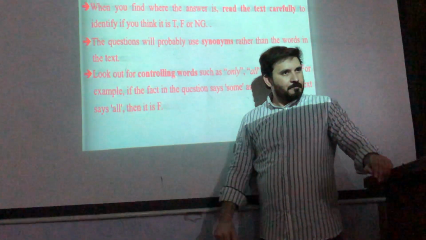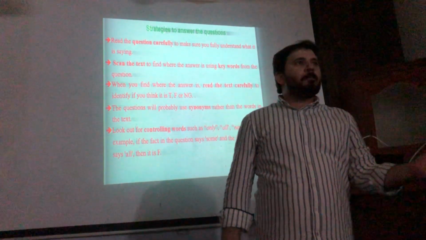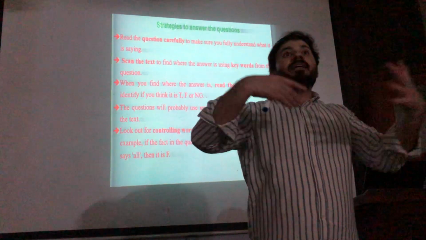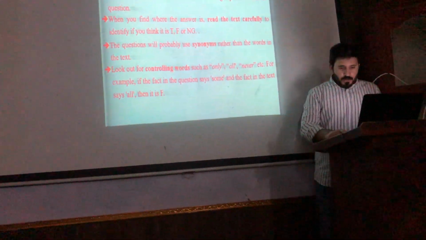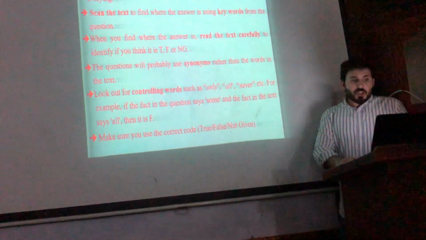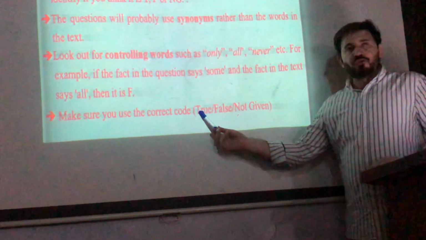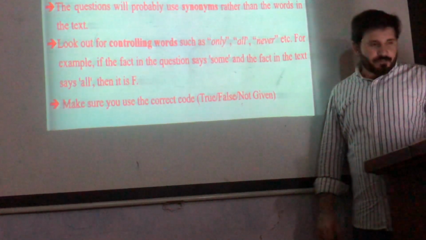It's false. Like they say all, but when you come to the passage, they say some. So there's a big difference between all and some. So these are sentence controlling words. Is this clear to all of you now? Yes, sir. Fine. Make sure you use the correct code, clear? And the code is what? T for true, F for false, and NG for not given.